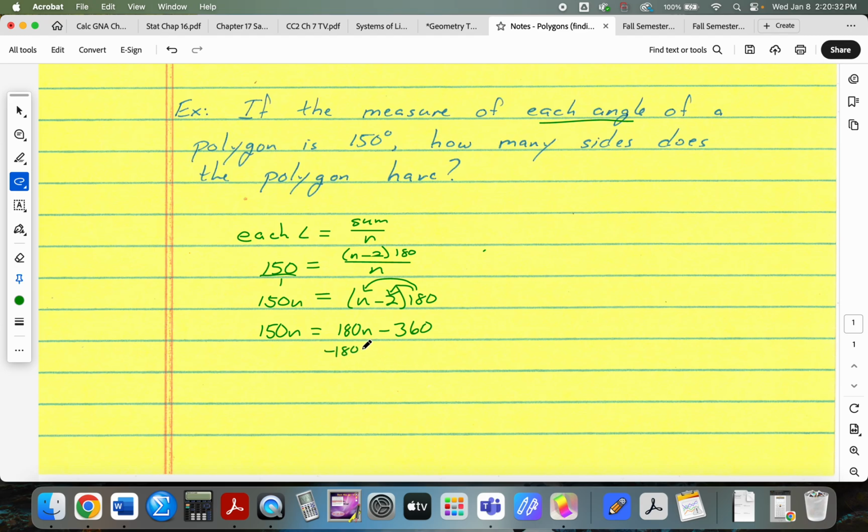Subtract 180n from both sides. So it's negative 30n is equal to negative 360. Divide both sides by negative 30. Again, it's nice that you can just cut off those zeros. You have n is equal to 12. So it's 12 sides.